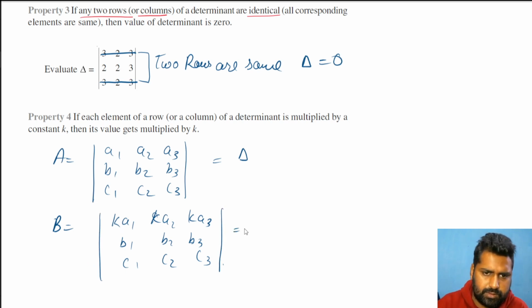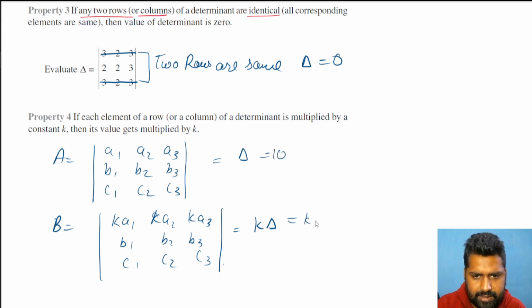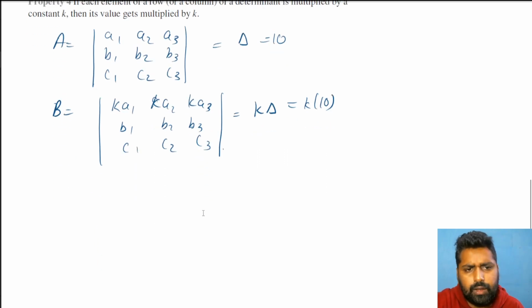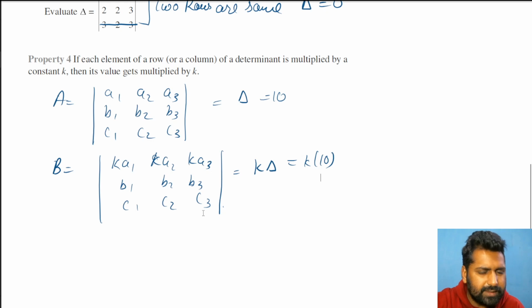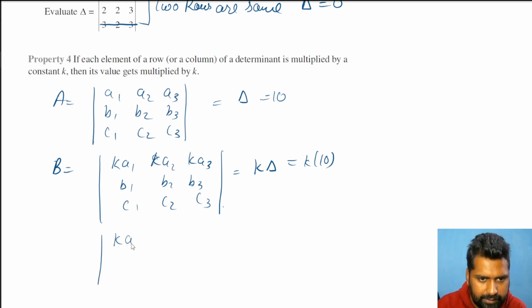Now for this, the property says if any row is multiplied by a factor k, your determinant gets multiplied by k times delta. Means if this determinant was, let's say, 10, this would be k times 10, whatever that k may be. We won't use it like this, though. How do we really use it? We tend to use it like this: KA1, KA2, KA3, B1, B2, B3, C1, C2, C3.